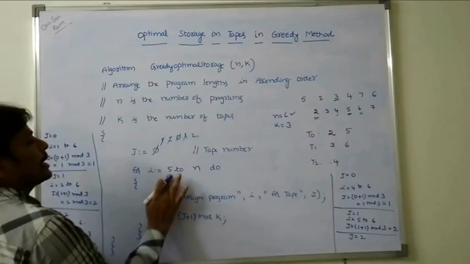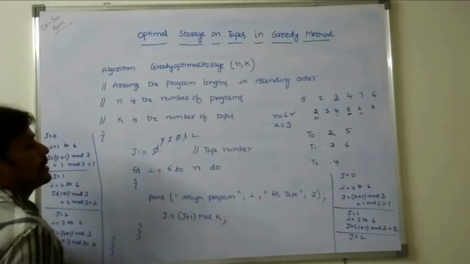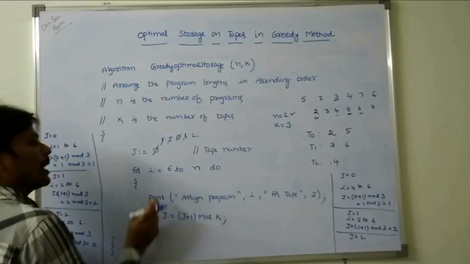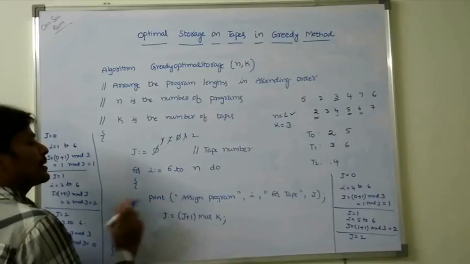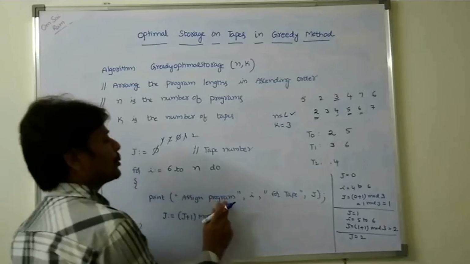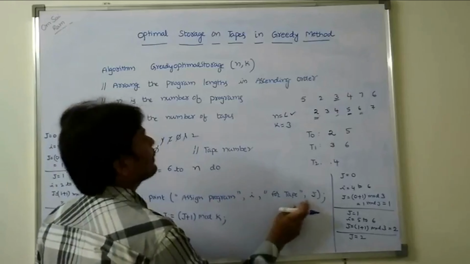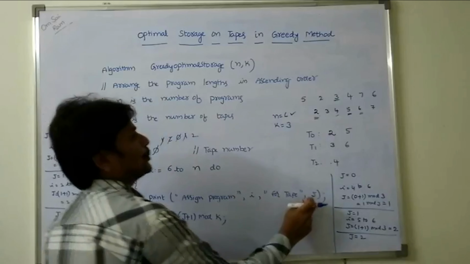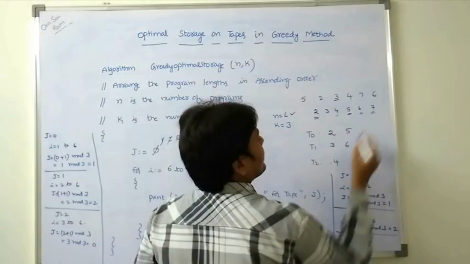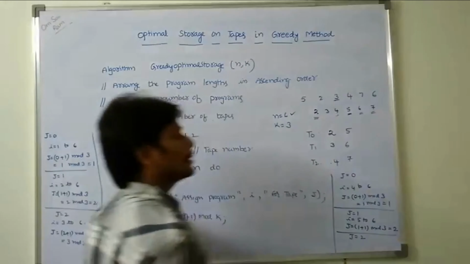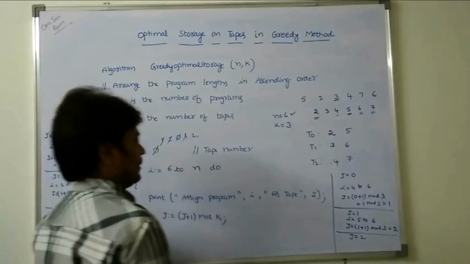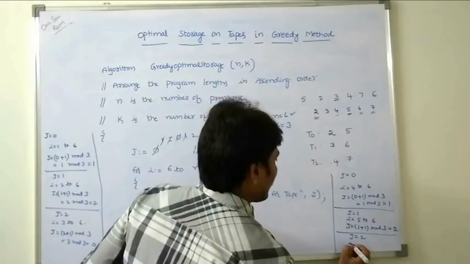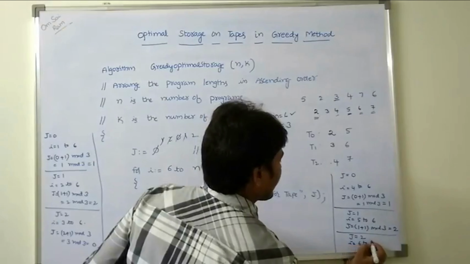Next, i value is incremented, i value is 6, so 6 to 6 do, condition true, the program control enters into the loop. Print assign program 6 for tape, j value is 2. Assign program 6 for tape 2. Program 6 is 7. It can be assigned to tape 2. Next, i is equal to 6 to 6.